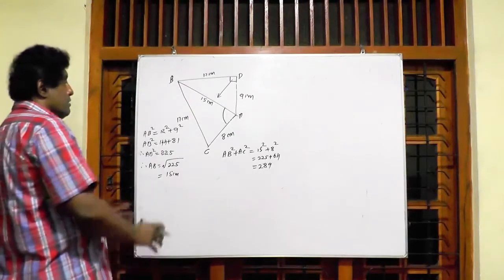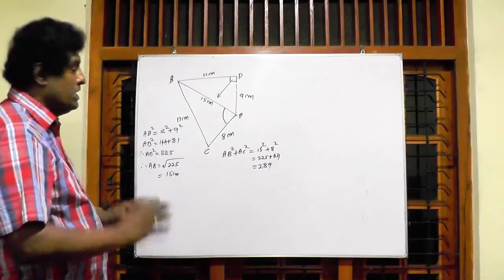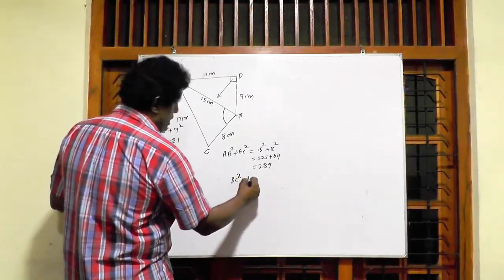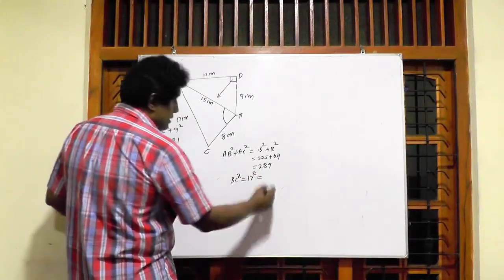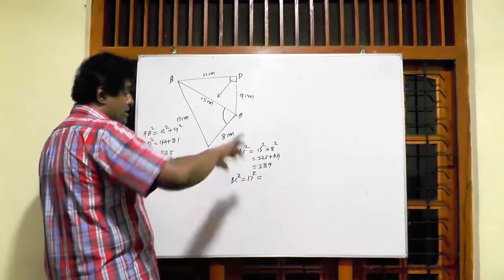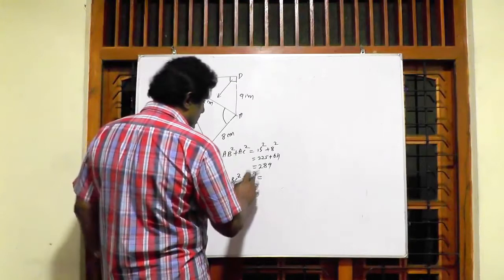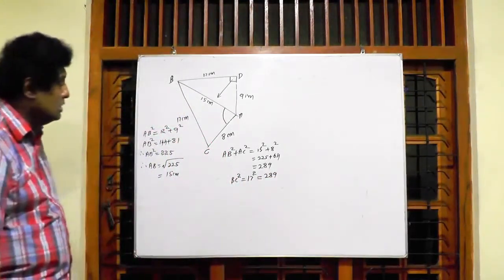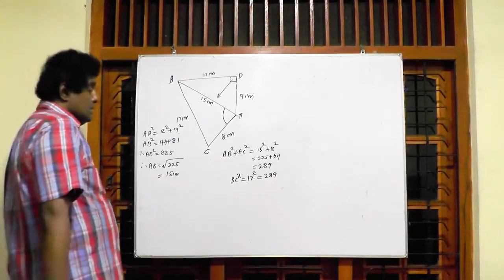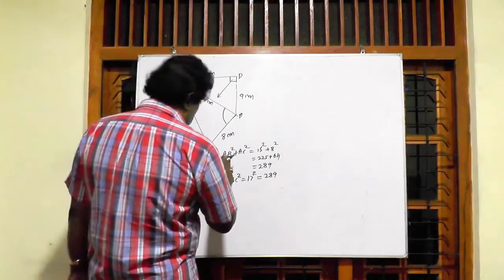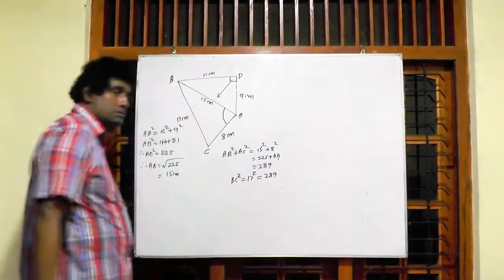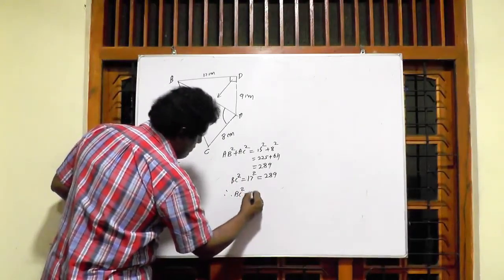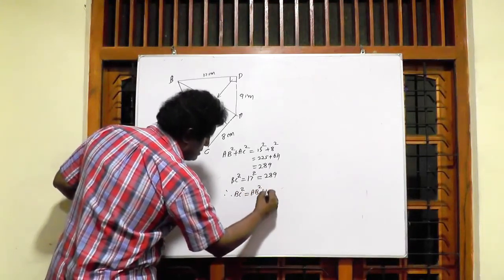Then get the square of 17 separately. Then BC squared equals 17 squared. Then fortunately we can get the value of 17 squared as 289. Now, what about your idea? Yeah. BC squared is equal to AB squared plus AC squared.